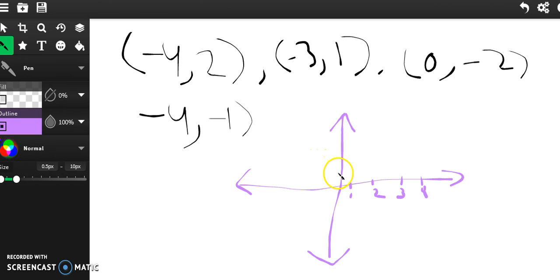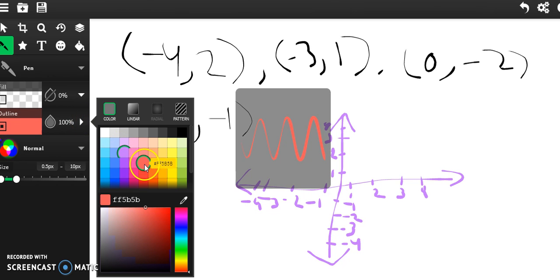Right, here we have 1, 2, 3, and 4. Let's go over here. We have -1, -2, -3, -4, -1, -2, -3, and finally -4. Over here we have -1, just kind of a slow process, -2, -3, and finally -4.